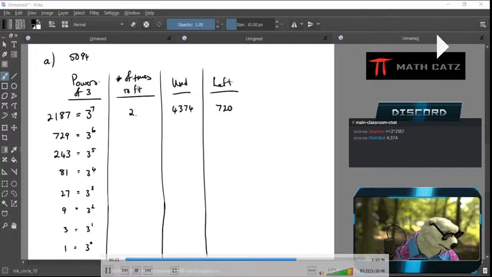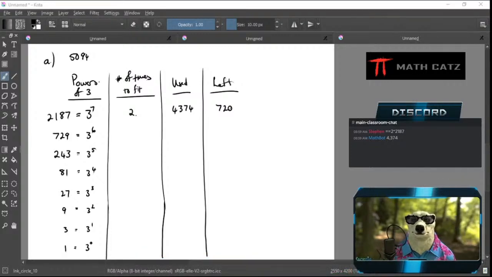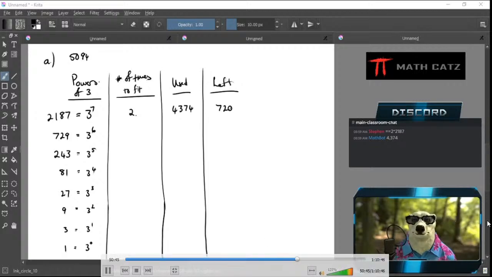To be confident in that, let's show it. 5094. Whoa, I did something very bad here. Hold on. I have some Discord technical issues.